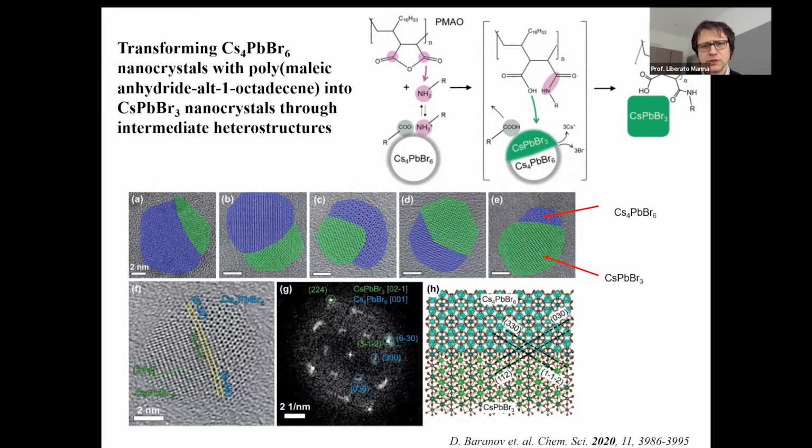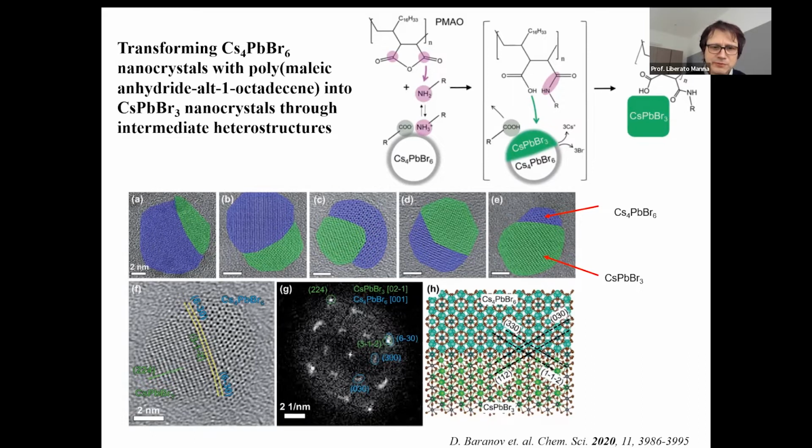We treated Cs4PbBr6 nanocrystals, whose structure is formed by disconnected octahedra, with a polymaleic anhydride, which caused a lot of transformations: removal of ligands, expulsion of cesium and bromide out of these nanocrystals, and reorganization of the lattice from Cs4PbBr6 to CsPbBr3.